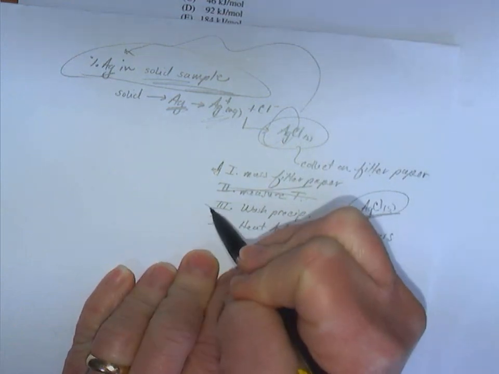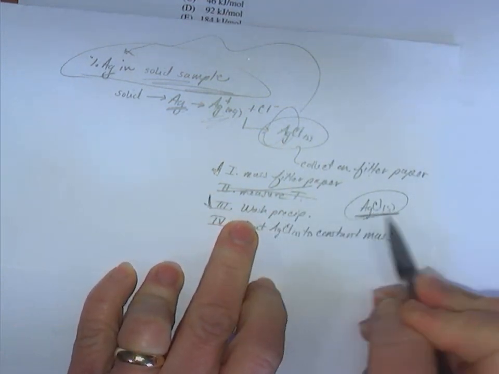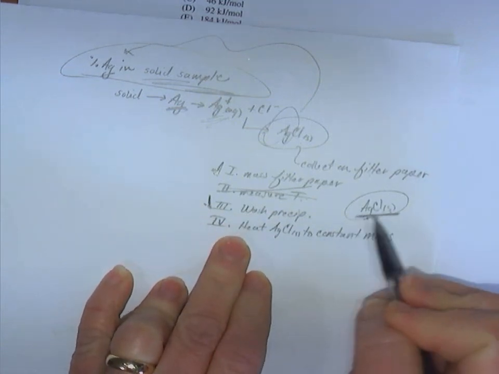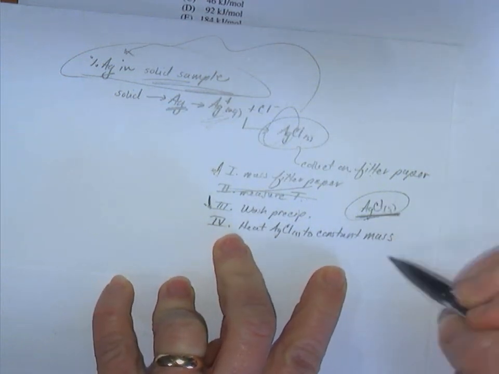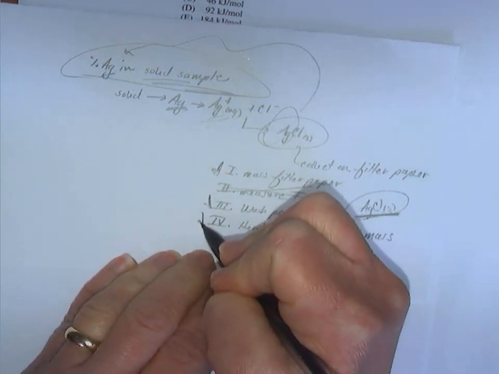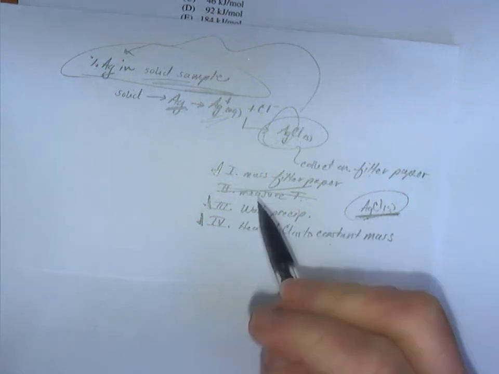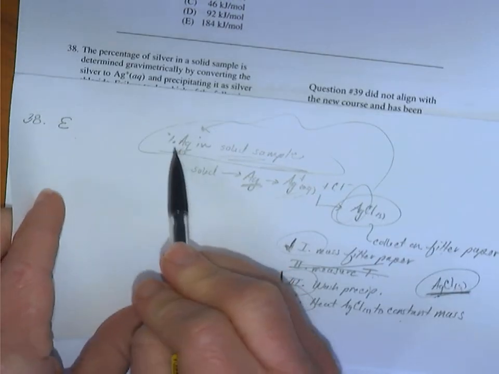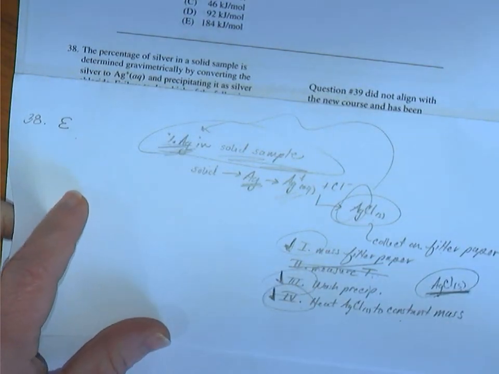So we definitely want to do that, because we could end up with more mass there than is really the silver chloride. Then, once you've caught it in the filter, you of course want to make sure that you're heating the filter paper or drying it, and make sure that it's drying to constant mass to drive away all of the water. So these three must be done to help ultimately determine an accurate percent of silver in the solid sample.